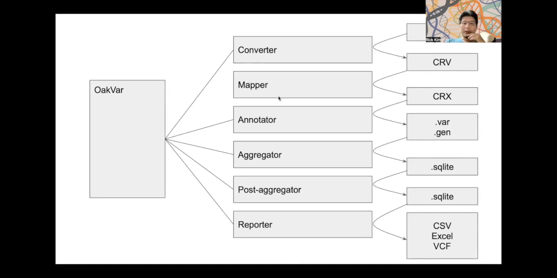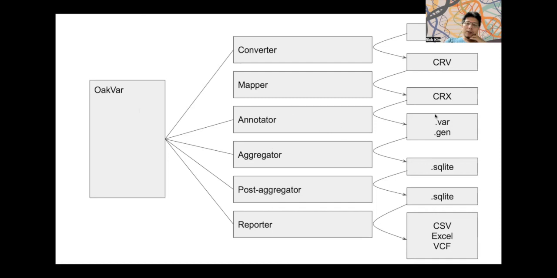We have GenCode. And the mapper module will convert, again, CRV to CRX. CRX is a CRV plus mapping information. So which transcript and which gene, and the sequence ontology of the consequence of the variant, and amino acid change, cDNA change, etc. Then our main topic of today, annotator.